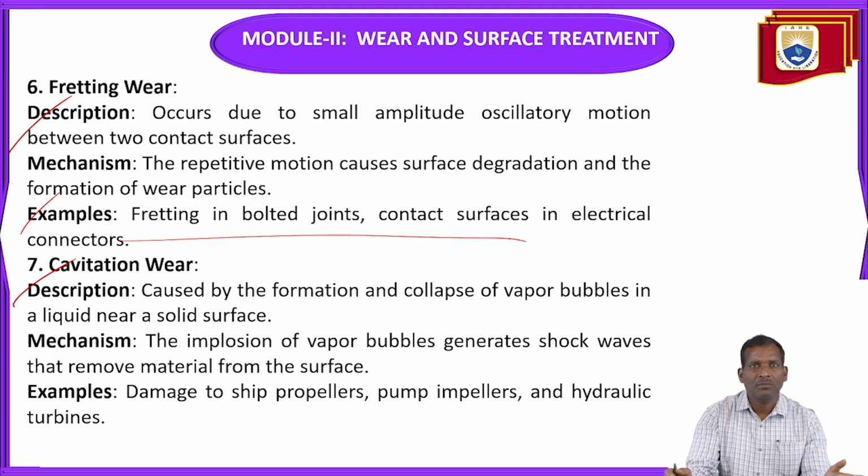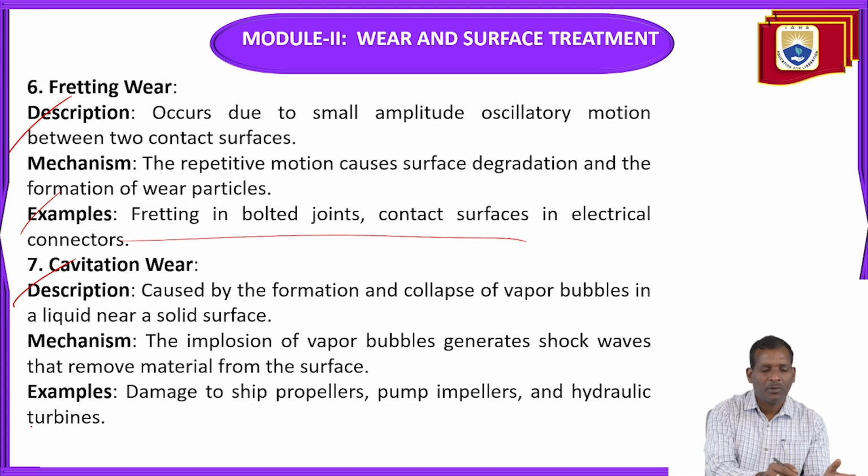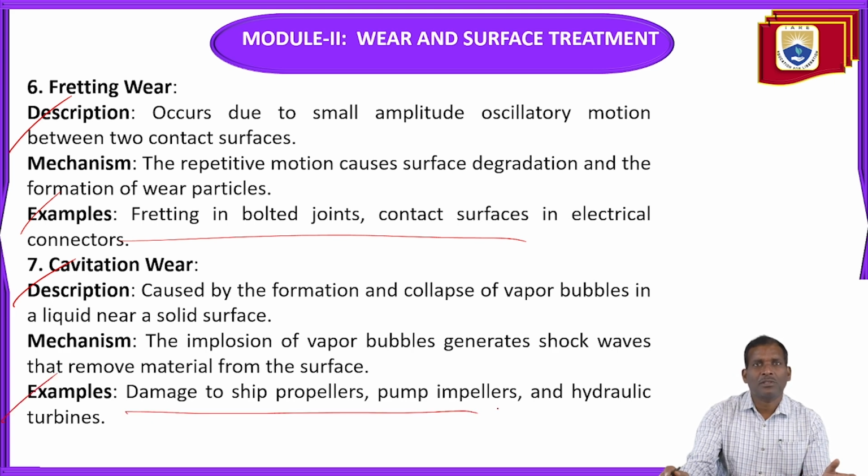The mechanism is that the implosion of vapor bubbles generates shock waves that remove material from the surface. The examples are damage to ship propellers, pump impellers, and hydraulic turbines. So these are the examples for cavitation wear.